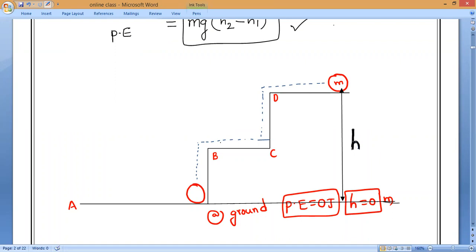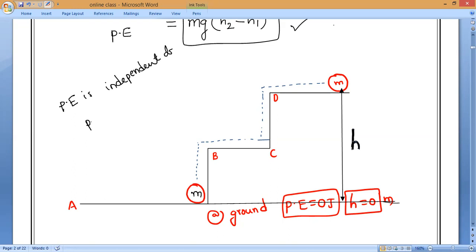So we are not supposed to consider the total length of the path followed by the body to reach the position. Only we will consider the initial and final position. That is why we say potential difference is independent of path. Do you understand, all of you? Please respond.